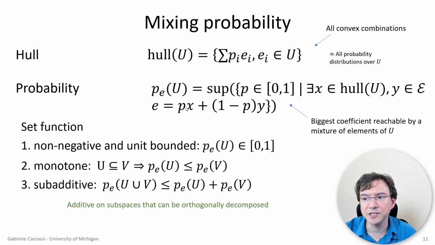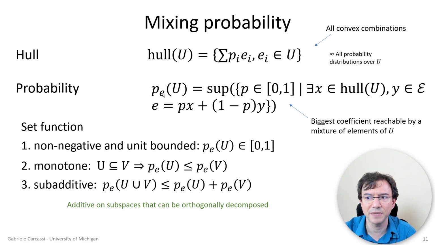And so this is going to be the fraction of that ensemble that can be seen as a convex combination of elements of U. And from all these possible P, you get the biggest one. And so the probability is really the biggest coefficient reachable by a mixture of elements of U. It's basically the part of E that can be seen as being a mixture of U.